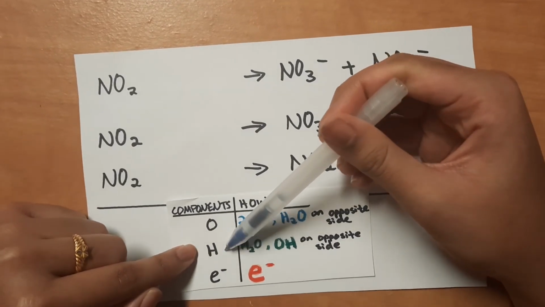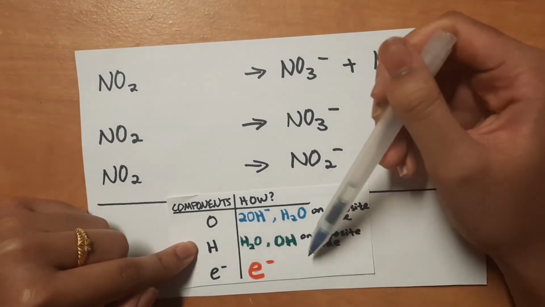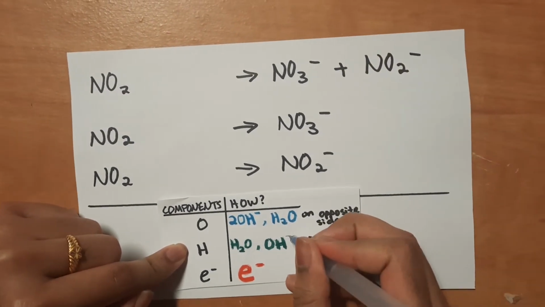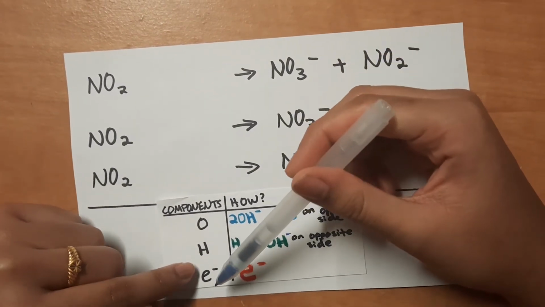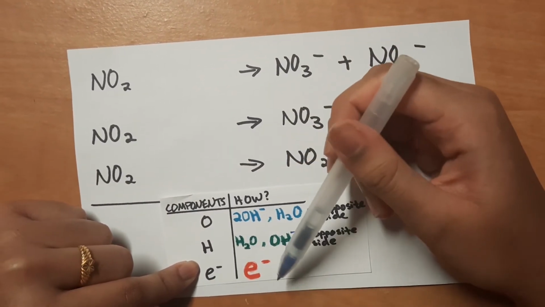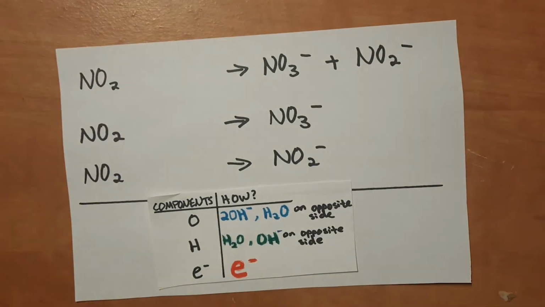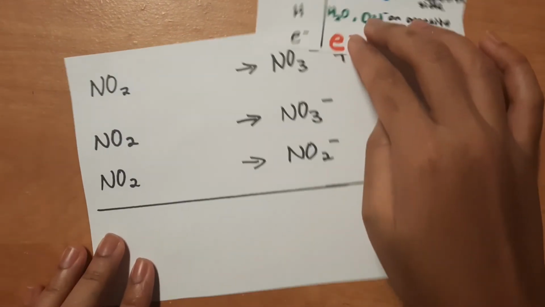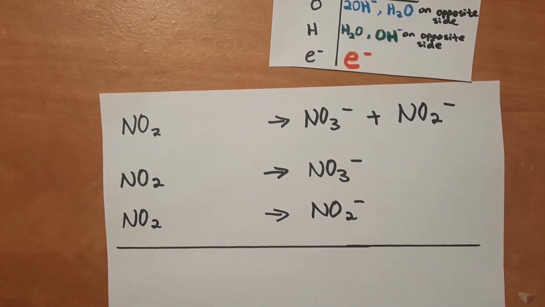For every hydrogen, you will add 1 H2O on the side that is deficient and a hydroxide ion on the opposite side. But the electron part stays the same. You simply add electrons to the side that is more positive to get the charges to be equal to each other.